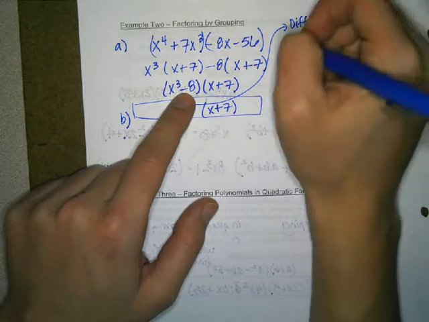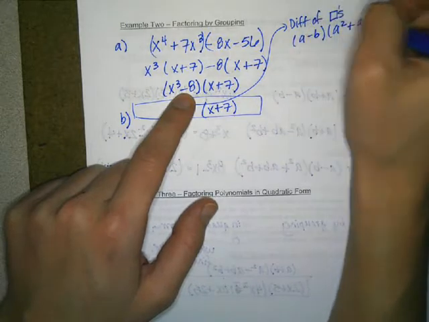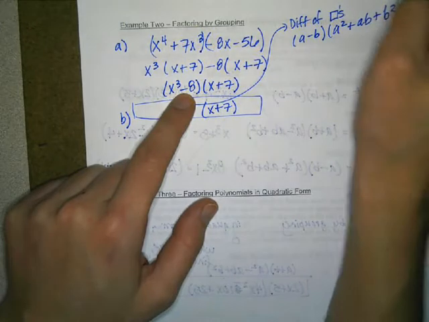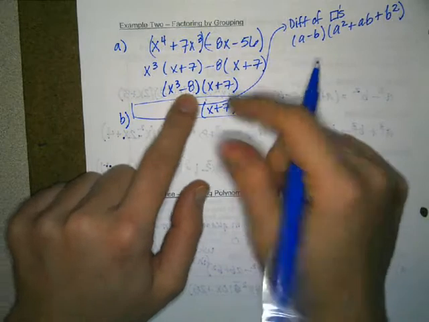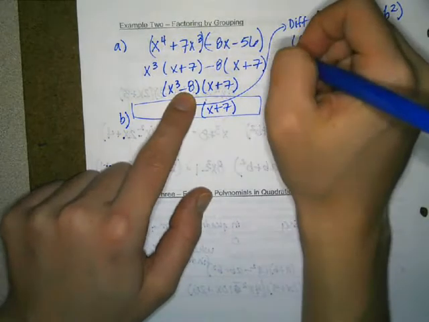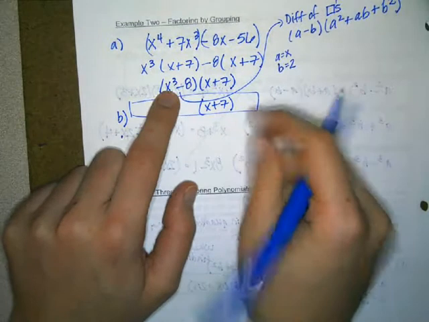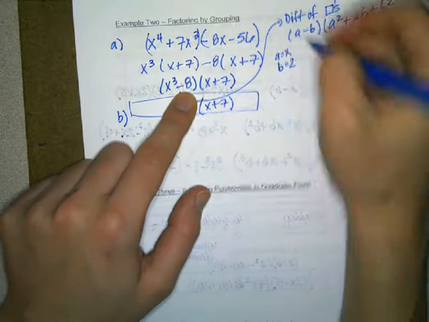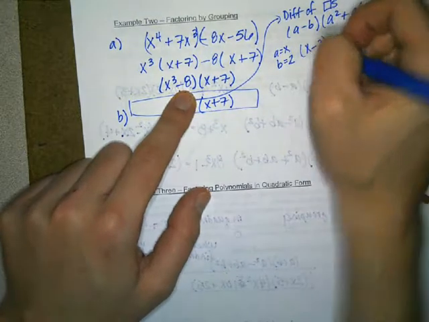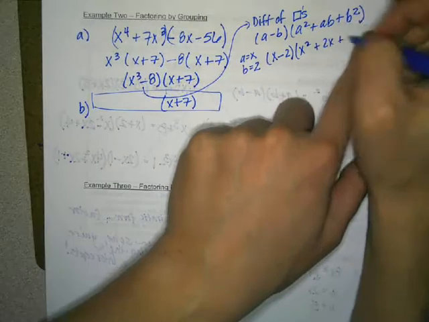So that factoring pattern from the first page is that pattern there. The a and the b are the cube root of both the terms. So a is going to be x, and b is going to be 2, because the cube root of x cubed is x, and the cube root of 8 is 2. And then we just fit them in where they go. So you have x minus 2 times x squared plus 2x plus 4.